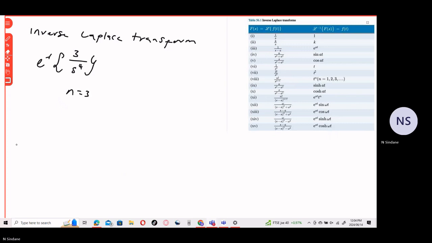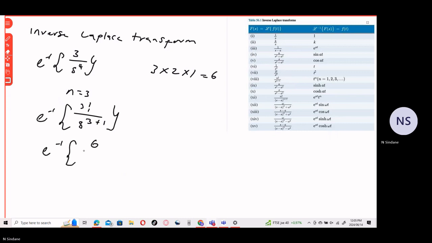Such a way that the Laplace transform of this is 3 factorial over s to the power 3 plus 1. But what is 3 factorial? This is like 3 times 2 times 1. Then 3 factorial is equal to 6. So here we will have the inverse Laplace of 6 over s to the power 4.